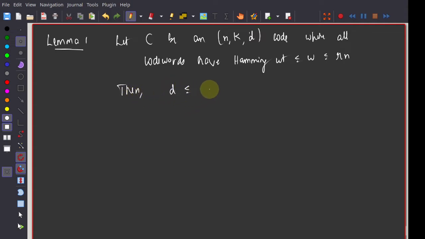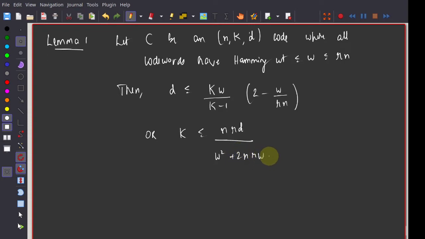P is less than or equal to A times W divided by minus 1 N, or stated differently, less than or equal to NRD divided by plus NR.